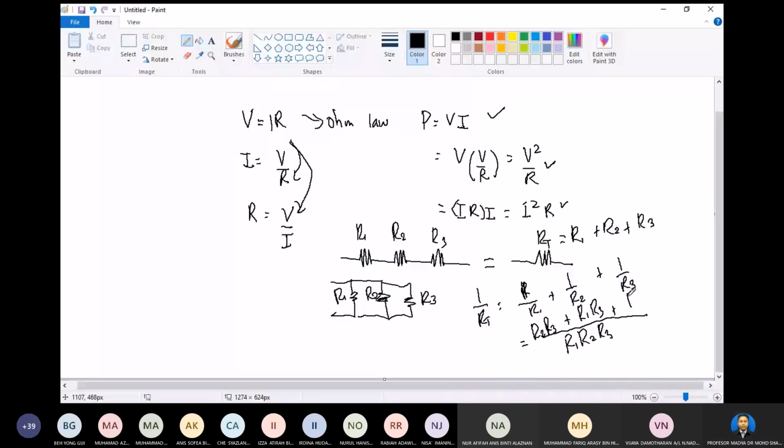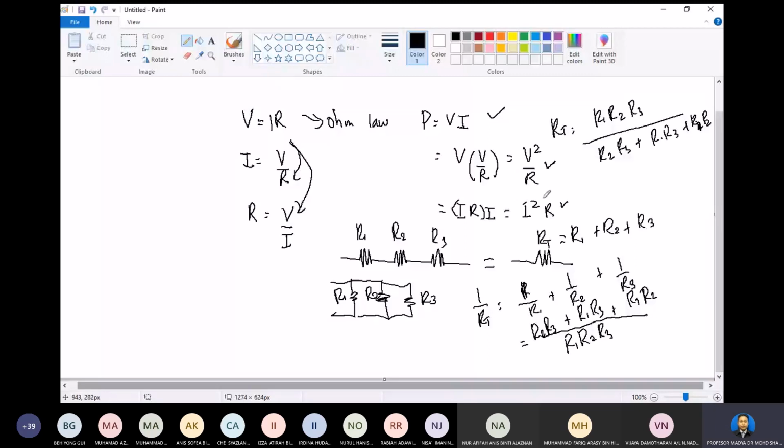So R equals R1, R2, R3 divided by R2, R3 plus R1, R3 plus R1, R2. That is the formula to calculate the resistor in parallel. So that is some basics for electrical.